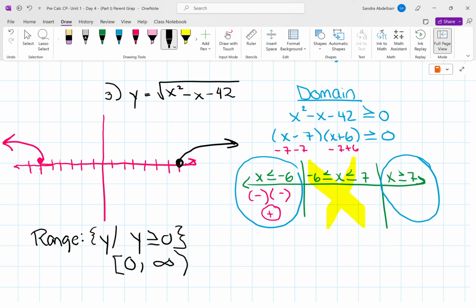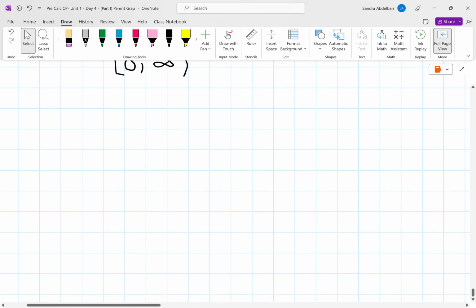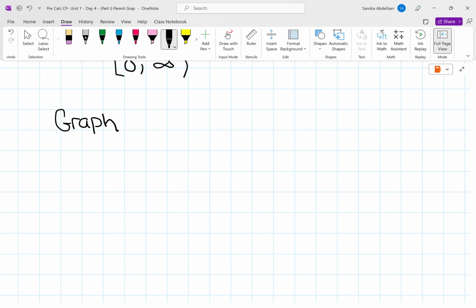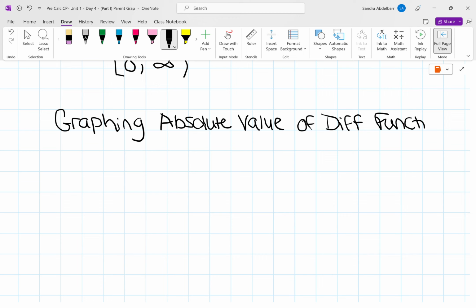Okay, the last thing I need to show you. Now we're going to graph absolute values of different functions, so not just v's.